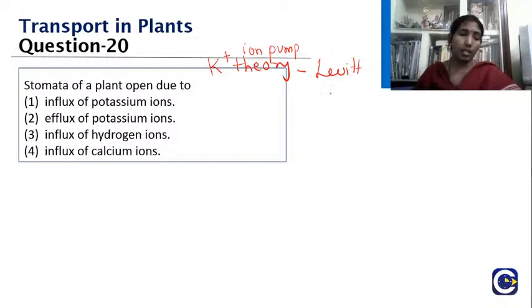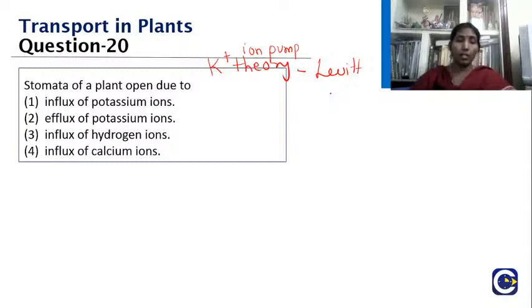So what does this theory actually say? In this theory, they talk about potassium ions that are actively absorbed and accumulated. That accumulation will decrease the water potential in the guard cell. So that will become more turgid and it will make the stomata open. Okay, so that is one of the reasons.